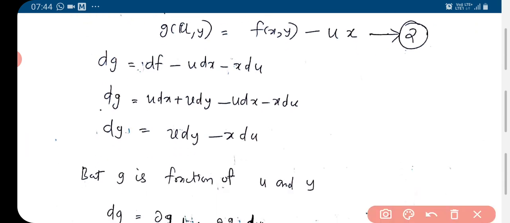The u dx terms cancel, and we have dg equal to v dy minus x du.